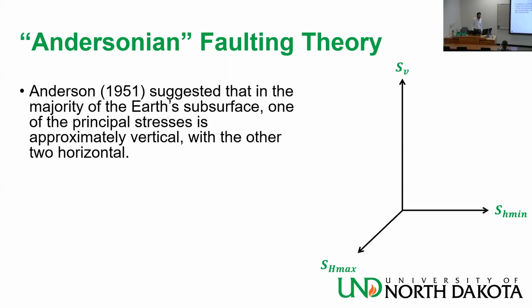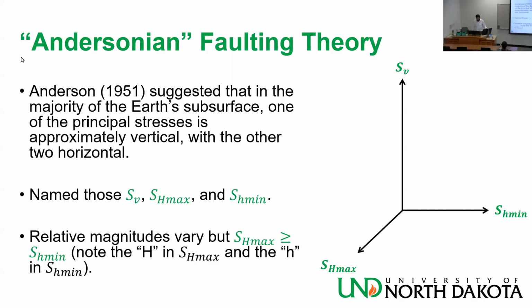And we call that SV. That means the other two would be very, very close to horizontal. So we call that SH max and SH min. And we apply only one rule. The SH max must be bigger or equal to SH min. It cannot be smaller. So that way, it simplified our concept quite a bit.